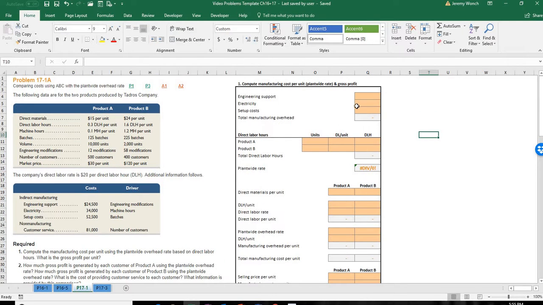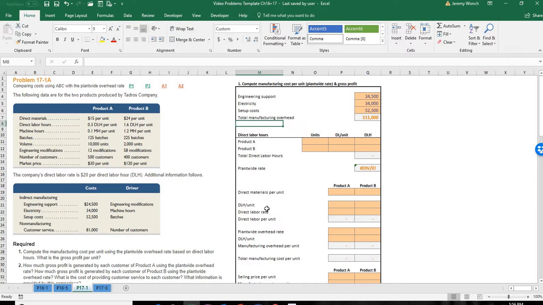To do the plant-wide rate, let's start off and figure out what our manufacturing overhead is. That's just listed out right here. So we have $111,000 of total manufacturing overhead. And what we're going to do is allocate those costs based on direct labor hours.